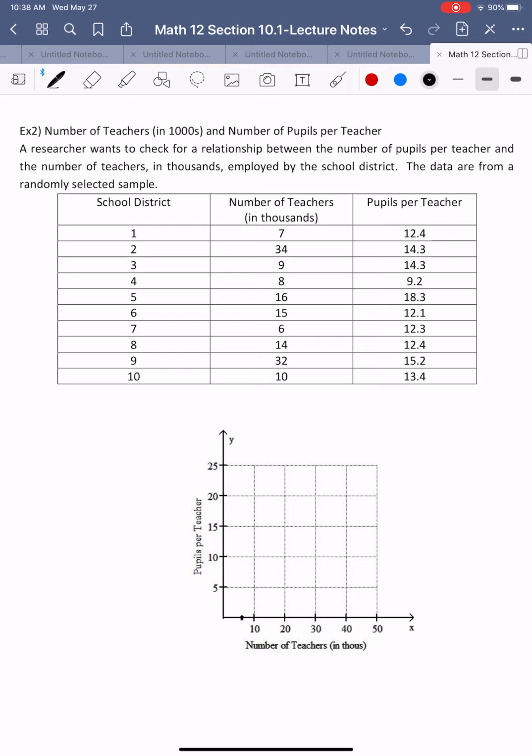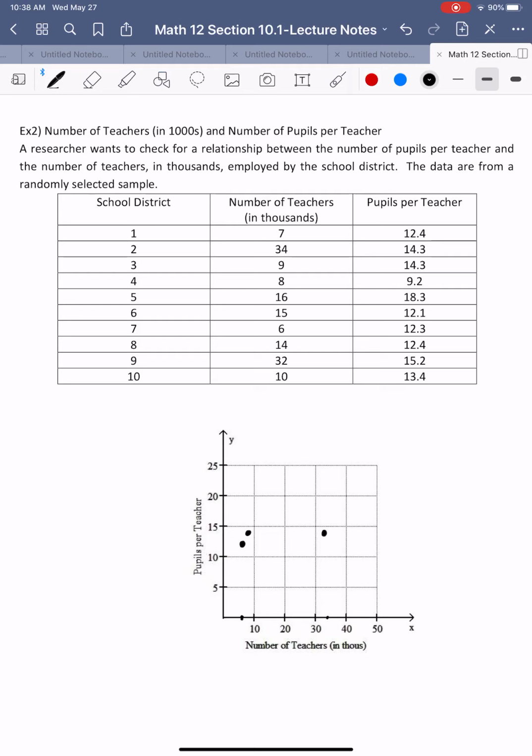So 12.4, so 12.5 about here. And then district 2 has 34 teachers, about here. And then the 14.3 is very close to 15, right? And then district 3 has 9 teachers, and then the 14.3 is about here.